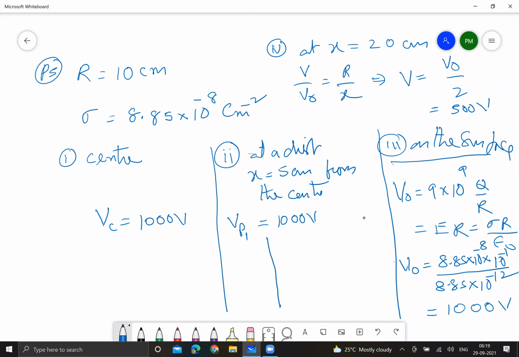Even graphically also they can ask, they can give you the diagram. So this is say 1000, they will give, 500 volts, 10 centimeters, 20 centimeters.